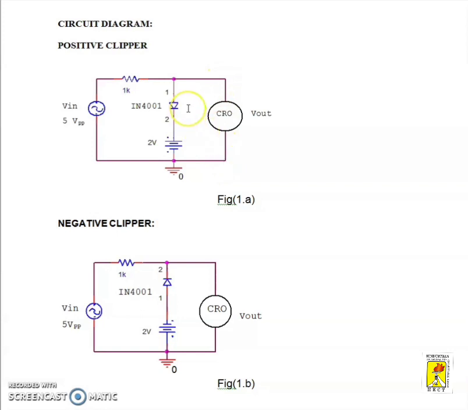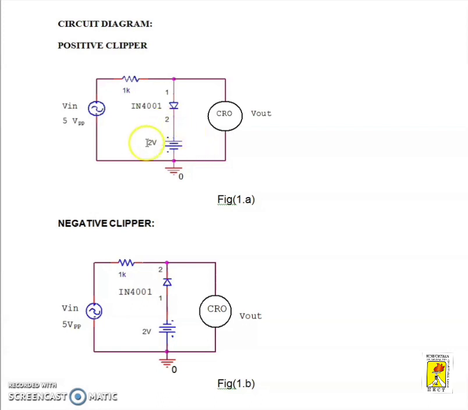Here we are given some biasing, which is 2 volt. So in this case we will get the biasing voltage at the output. This is what a biased clipper is.